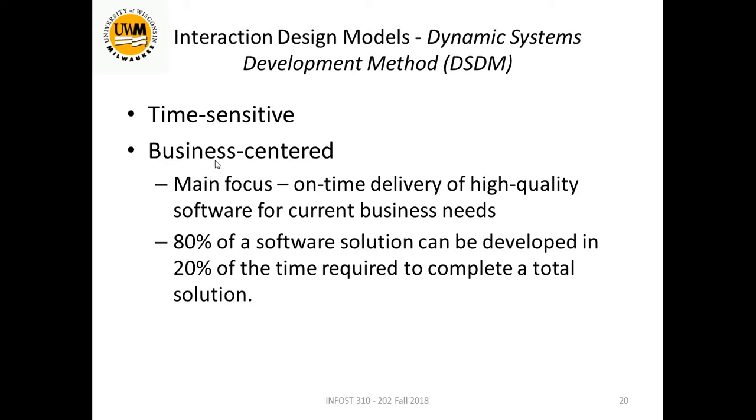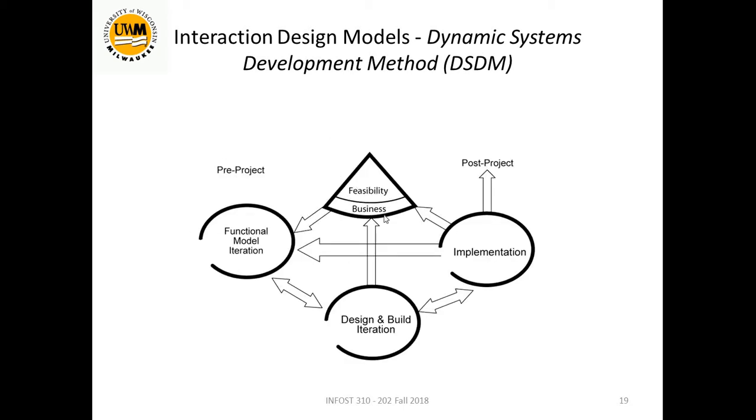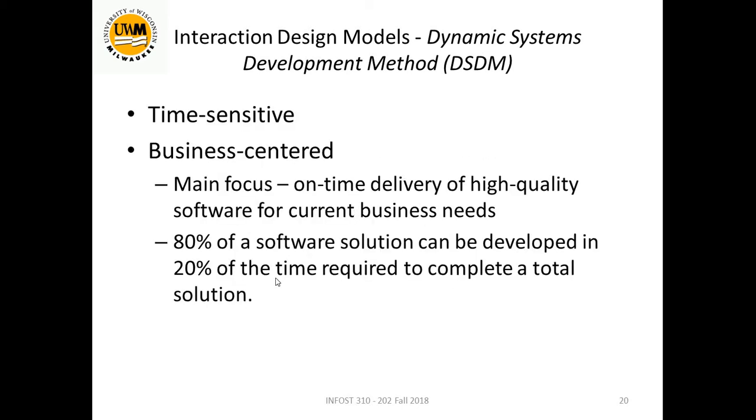It's business-centered. The main concept is that we perform a feasibility study from the business point of view. So this is business-centered. And 80% of the software solution can be developed in 20% of the time.